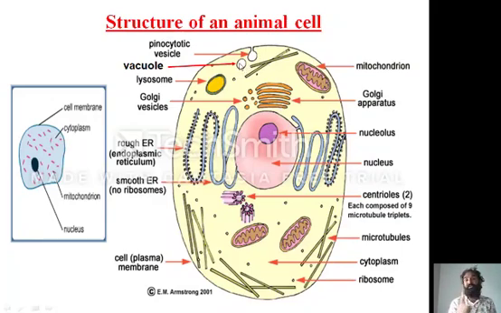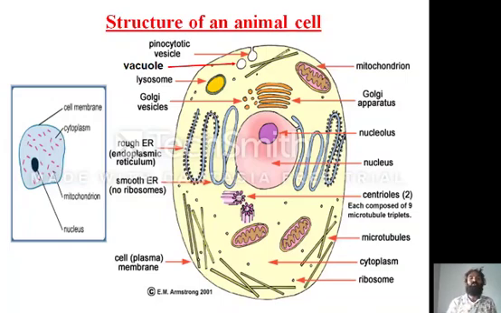Here is the difference between the animal cell and plant cell vacuole. The plant cell vacuole occupies the major portion of the cytosol, but the animal cell contains many vacuoles that are very small in size. There is no chloroplast here. The cell wall is absent, chloroplast is absent, and vacuoles are very small.